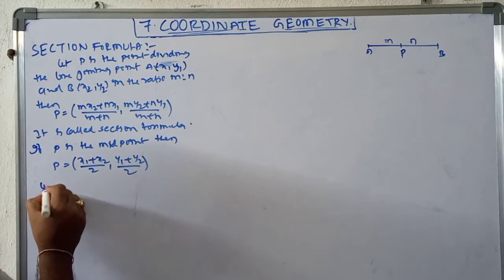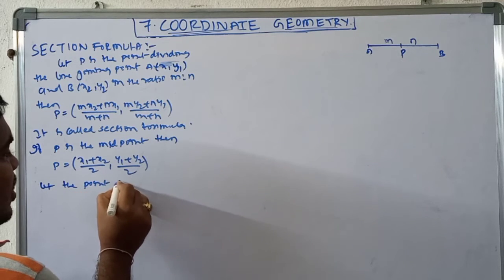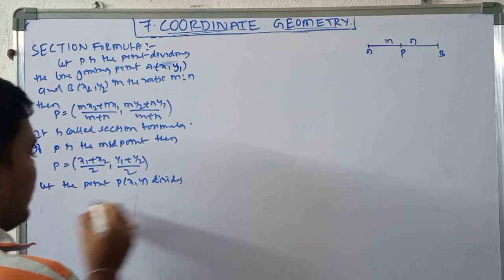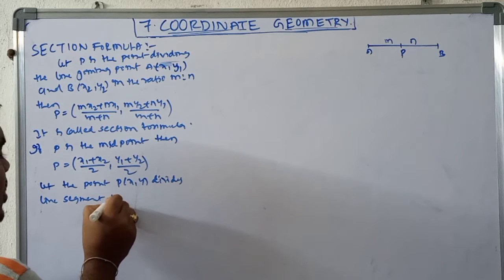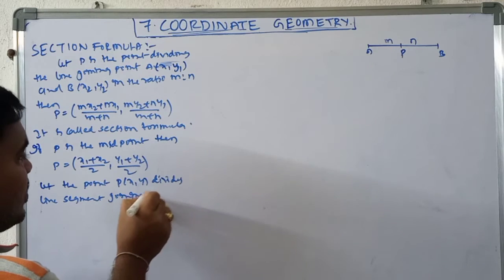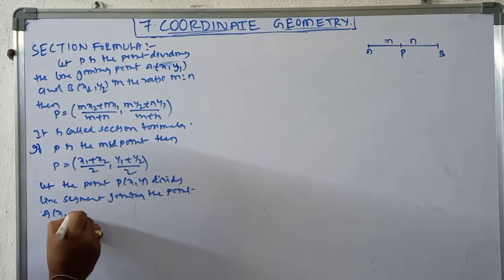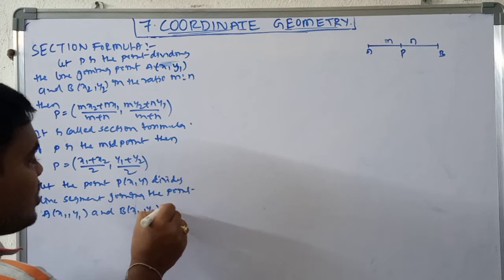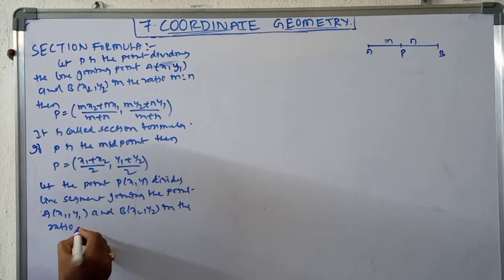So let the point P (x, y) divide the line segment joining the points A (x1, y1) and B (x2, y2) in the ratio k is to 1.